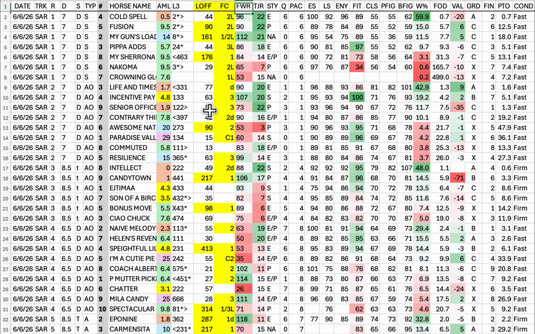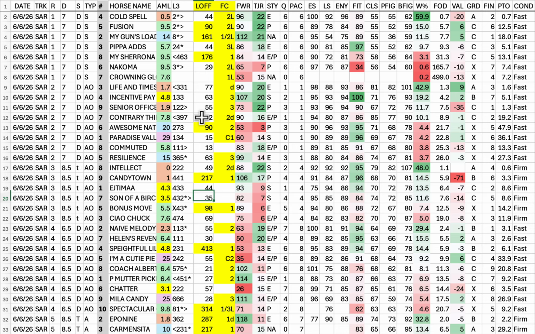So now what you're seeing is a fitness workout rating, and it's looking at how fit the horse should be. And this is very, very applicable for horses that get triggered on the form cycle of first, second, or third off the layoff, or first, second, or third lifetime. That FWR is going to be critical. FWR is going to be ignored for experienced horses that are coming off a short layoff.